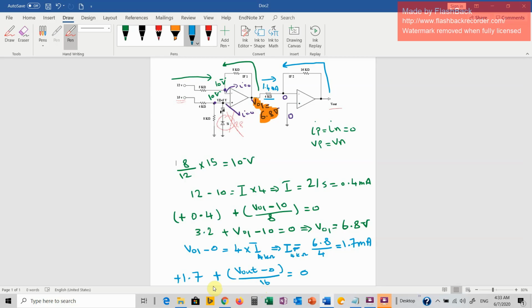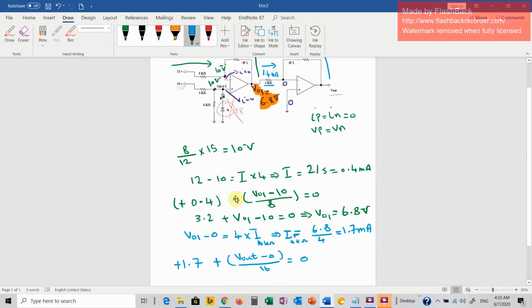I'm just stressing this minus and this minus, and later on I'm multiplying by minus, just to show you that my reference is that current coming to the node is negative, and current leaving the node is positive. That's the point I would like to highlight.